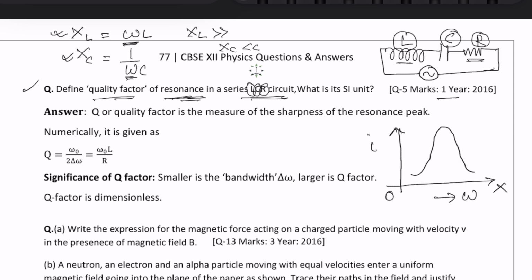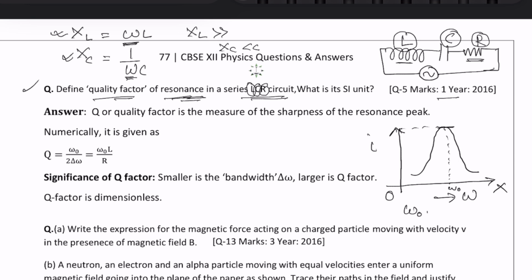Correct. So this is called the frequency versus current graph. So at this particular frequency, when the frequency of AC is omega 0, say, the peak current is obtained in the LCR circuit. So this is called resonance frequency.